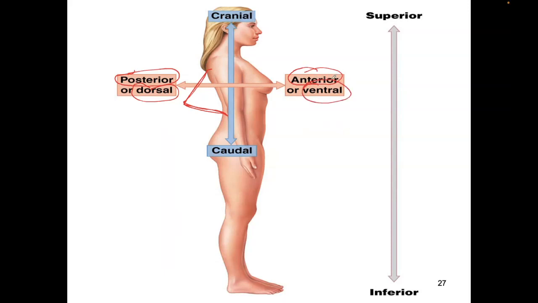Ventral is anterior. Superior and inferior is in reference to the entire body as a whole. When I'm talking about just the trunk in the center, moving towards the head, I'm moving cranially. Moving towards the tail, I'm moving caudally. Caudal means tail. So caudal, cranial.